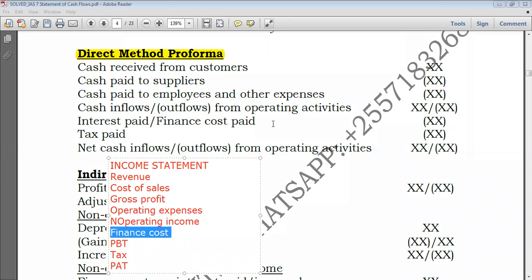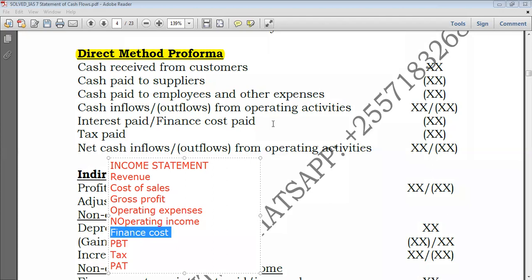But if you ask yourself, well, interest expense comes as a result of being financed. Someone financed us. After someone having financed us, that means that we have to pay them. So it's actually a financing activity. That's why interest paid can also be shown under financing activities.